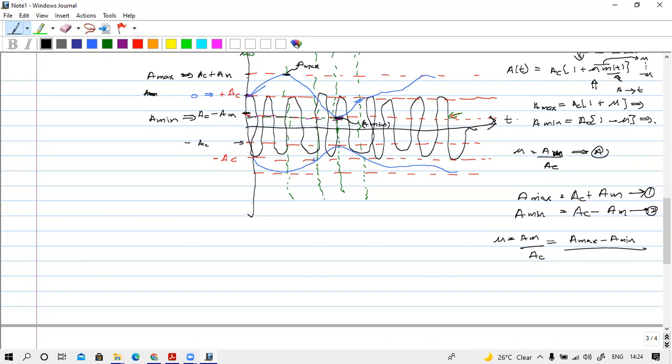Then if you add A max plus A min, A_M cancels out and you will get 2 A_C. So here this is 2 A_C, and here you will get 2 A_M. Then the 2 cancels out, and again you will get A_M by A_C, that is mu. In this way also we can define mu.